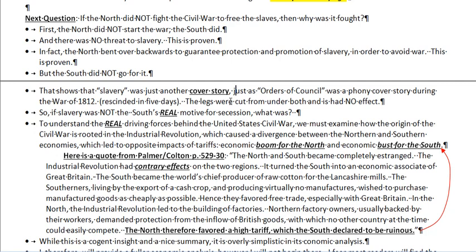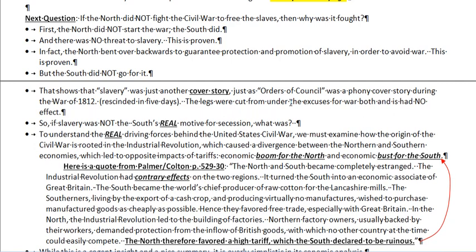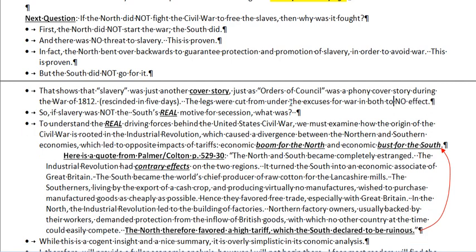So the legs were cut from under the excuses for war in both cases, to no effect. So if slavery was not the South's real motive for secession, then what was?